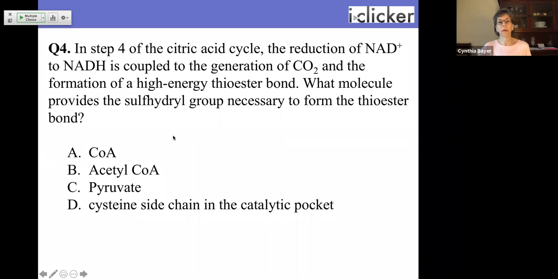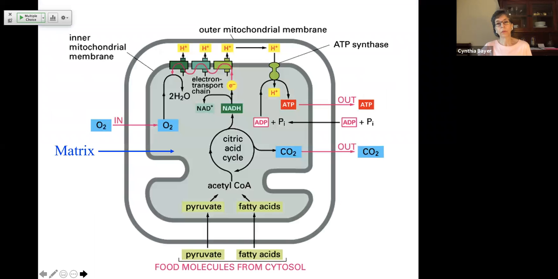Coenzyme A combined with pyruvate, as part of the oxidation of pyruvate, the acetyl group can then be removed. It's added back in later on. So let's go on to what happens next.